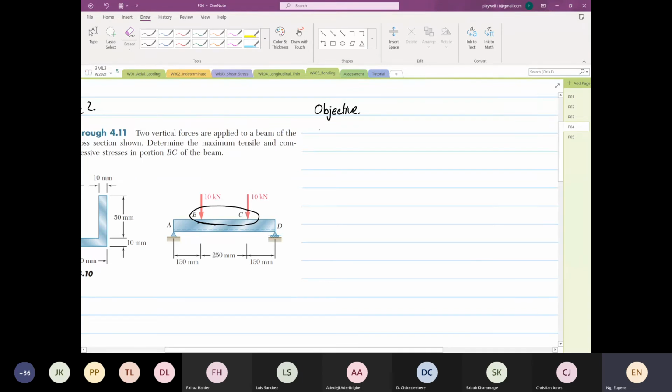So we're going to construct a free body diagram, and then we are going to look into shear force and bending moment diagrams.